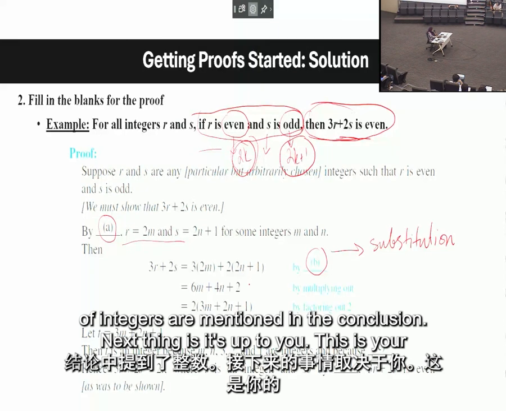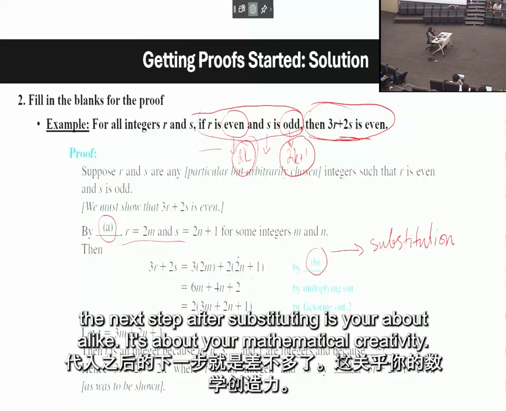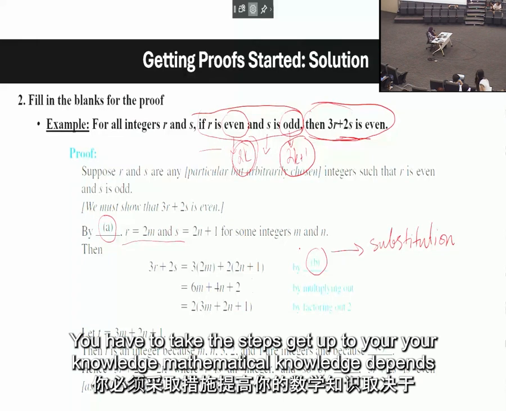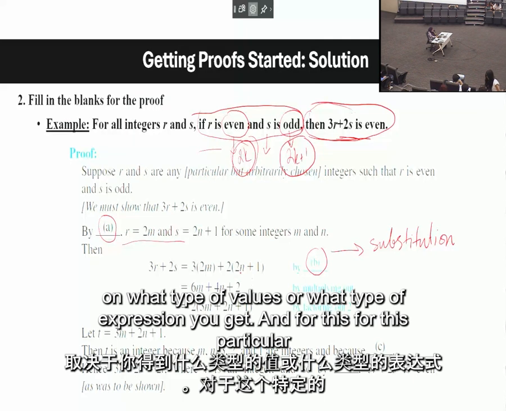The next step after substituting is about your mathematical creativity. You have to take the steps. It's up to your mathematical knowledge and depends on what type of values or expression you get.